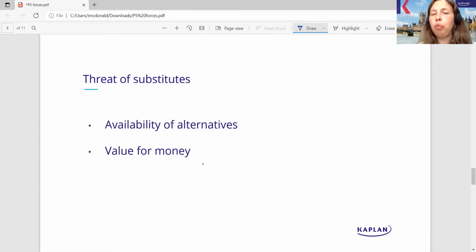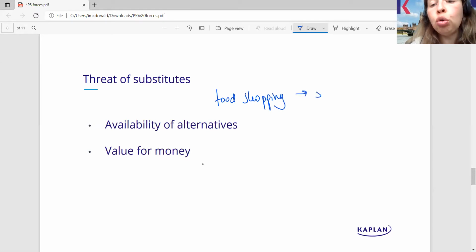Many of you, when you think about food shopping, go, okay, the natural first call would be to go to a supermarket. But supermarkets are not the only place where you could buy your food. Think about going to the farmer's market.